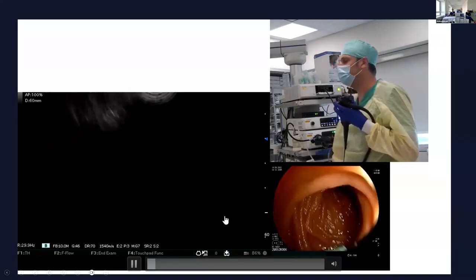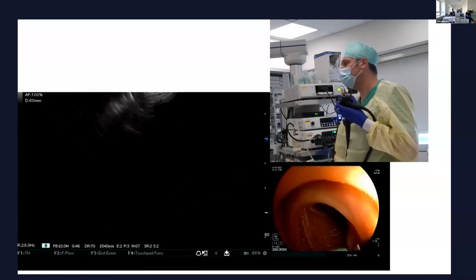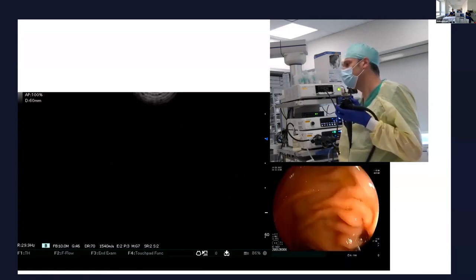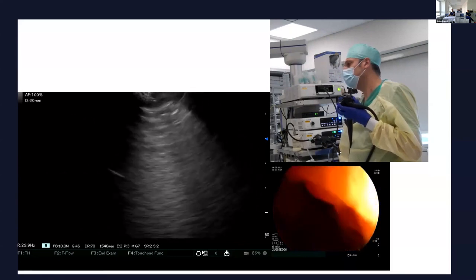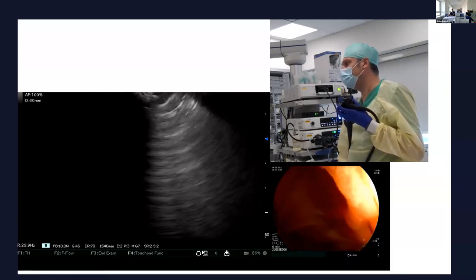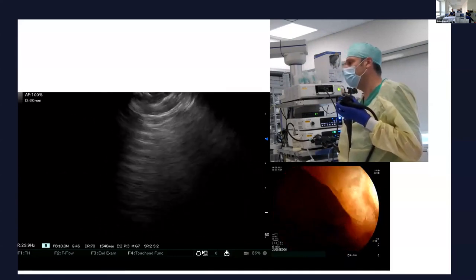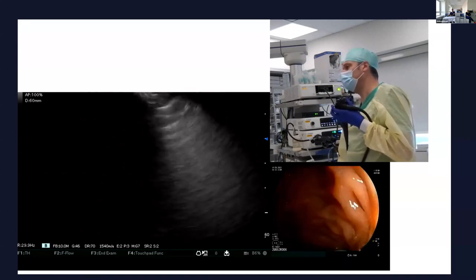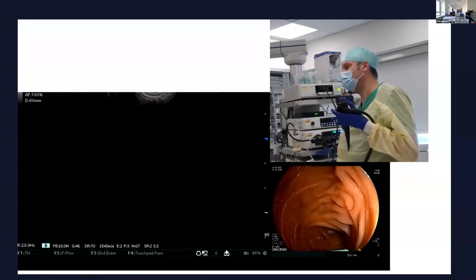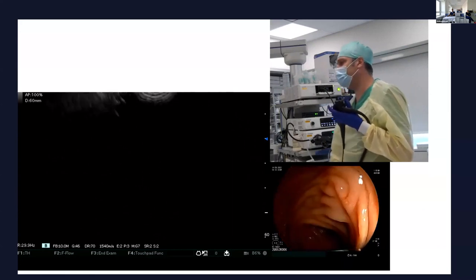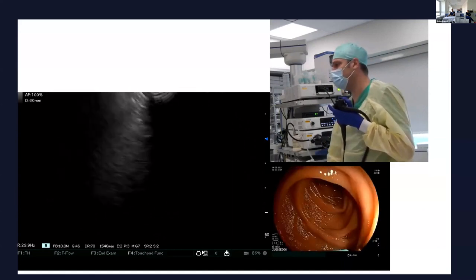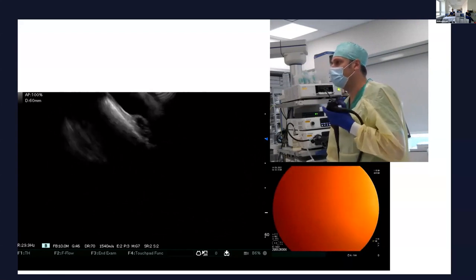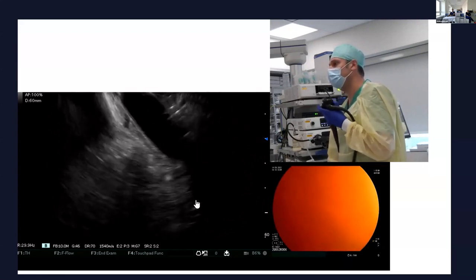So we are now with our therapeutic EUS scope in the duodenum, and we are looking for the papilla. So you see the papilla here at the 12 o'clock position. So once you see this, you aspirate all the air and you will go a little bit deeper with your endoscope. And then you do an upwards flexion so that the transducer is well in contact with the duodenal mucosa.